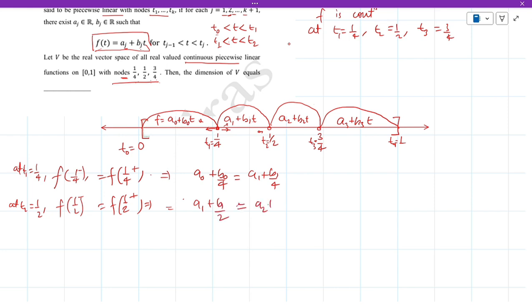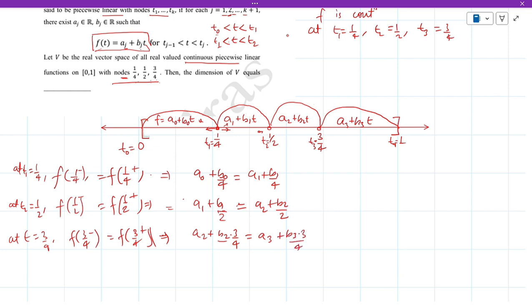Similarly, at t equal to 3 by 4, f of 3 by 4 minus equals f of 3 by 4 plus, right? So we get a2 plus b2 into 3 by 4 is equal to a3 plus b3 into 3 by 4, right? So we get this equation.